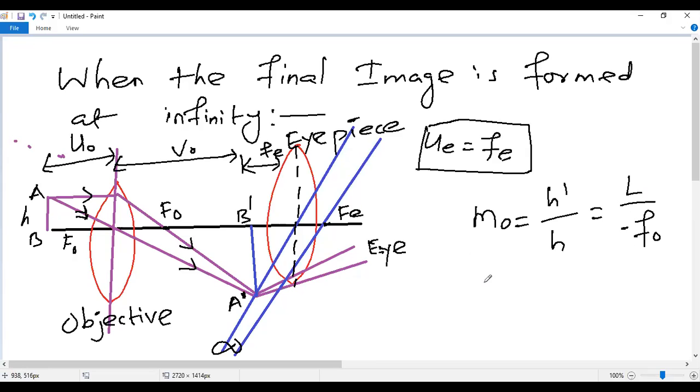Next the eyepiece, Me formula: Me equal to D by fe, the magnifying power of the eyepiece, D divided by fe. Now M naught value is H dash by H. H dash is equal to L, and H value is equal to minus f naught. That is the formula M equal to V by U.